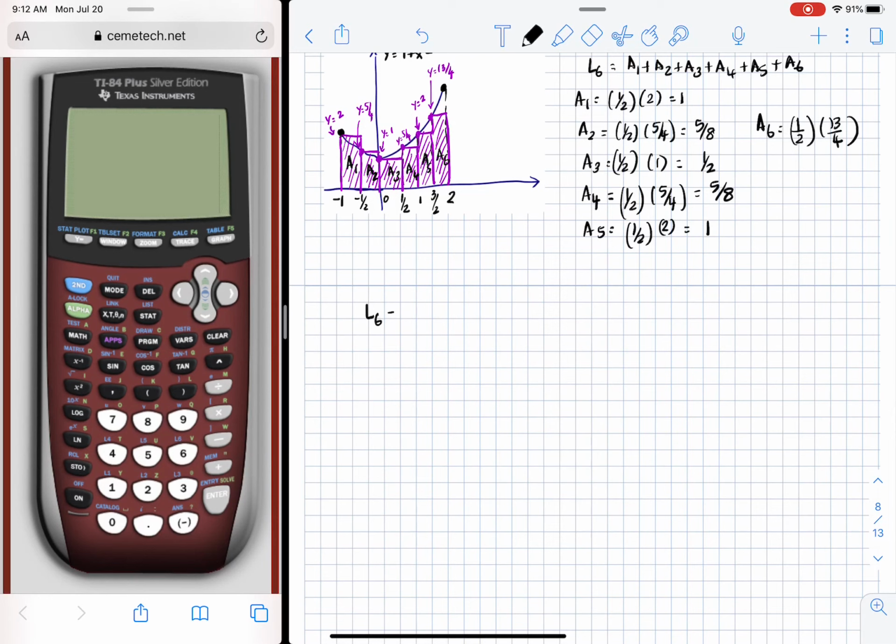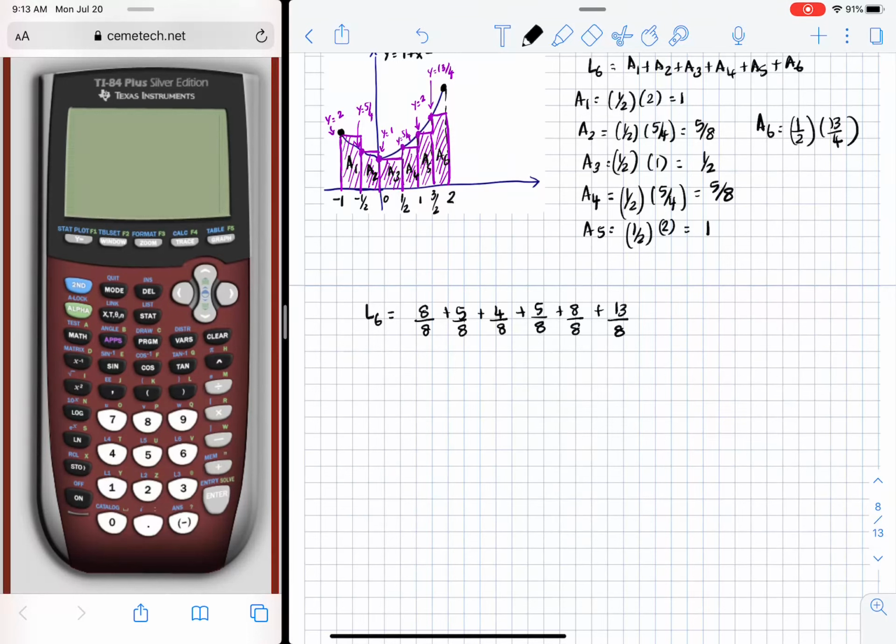L6 will then be the sum of those values, so we have 1, which is 8 over 8, plus 5 over 8, plus 4 over 8, plus 5 over 8, plus 8 over 8, plus 13 over 8.